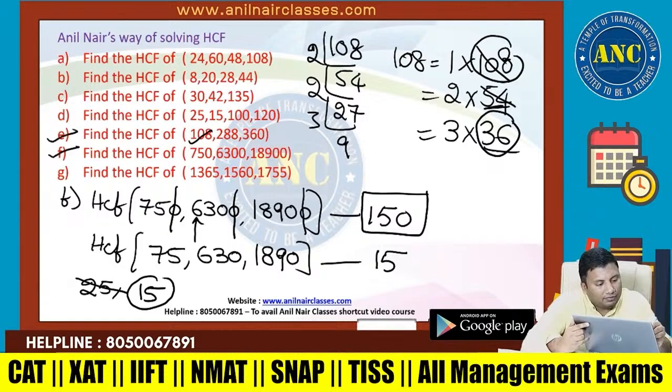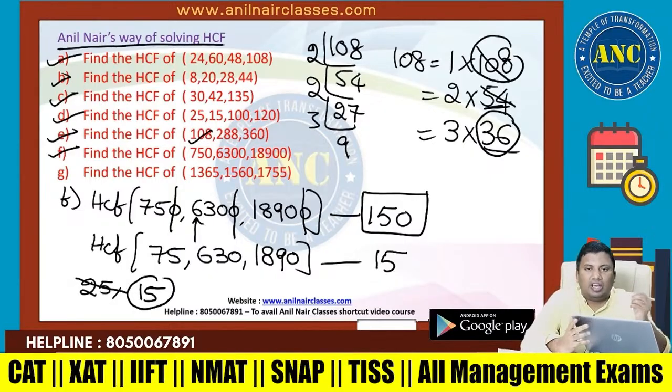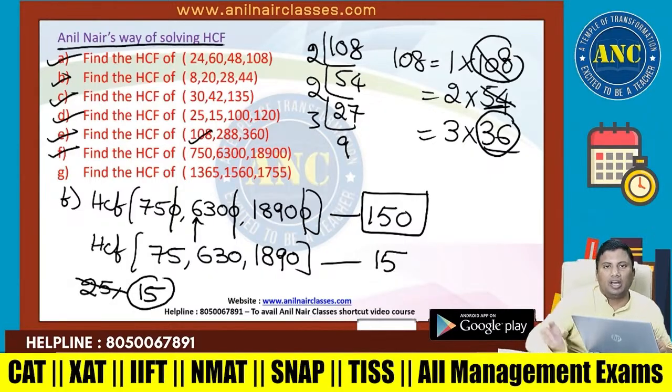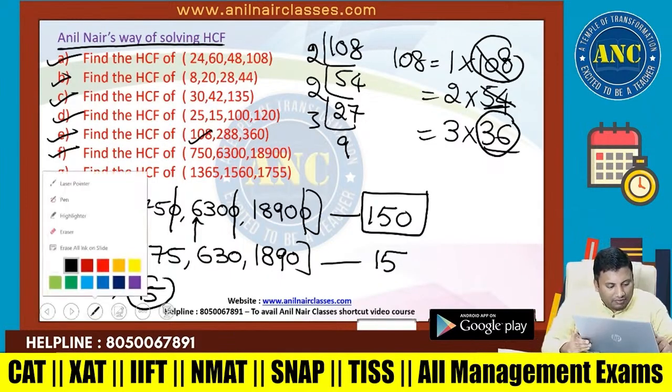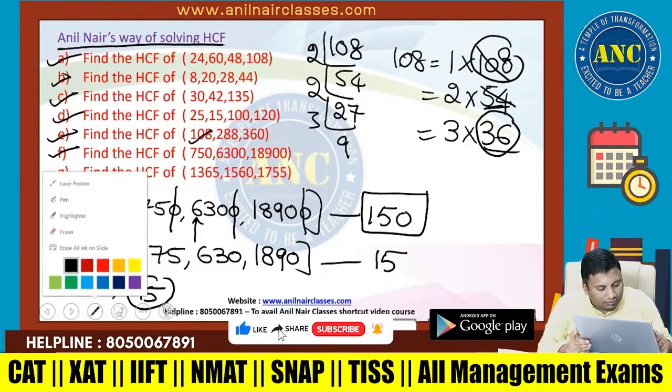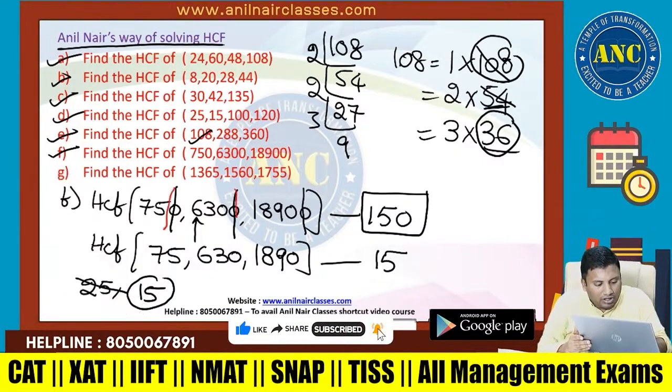Option F. A, B, C, D, E, F. How to solve HCF in a most logical way? Factor of the lowest number. Because it is the lowest number, take the factors of the lowest number. Option G. What if the numbers are large? I removed one 0 and I condensed the number.